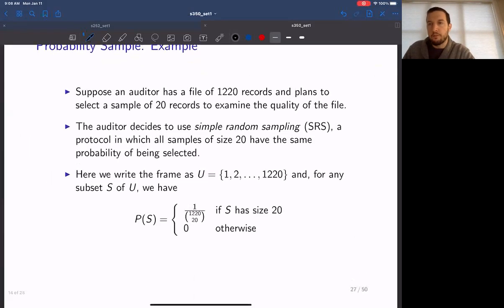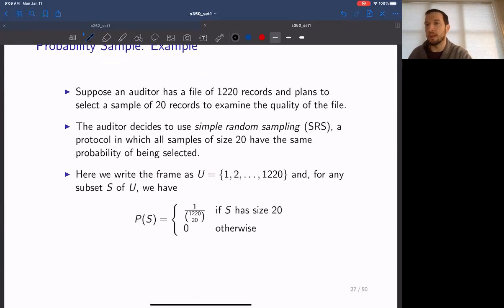So as a simple illustration, again, what probability sampling really does is it just attaches a probability to each of the different observations within the sampling frame, such that each observation has some probability of actually being selected for the sample. Now, let's suppose for illustration that we have a sampling frame that has 1,220 different records in it.